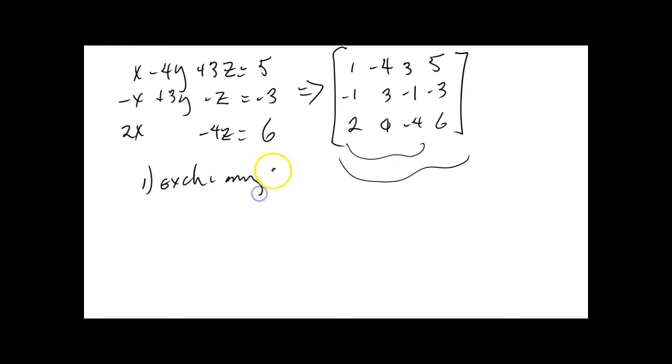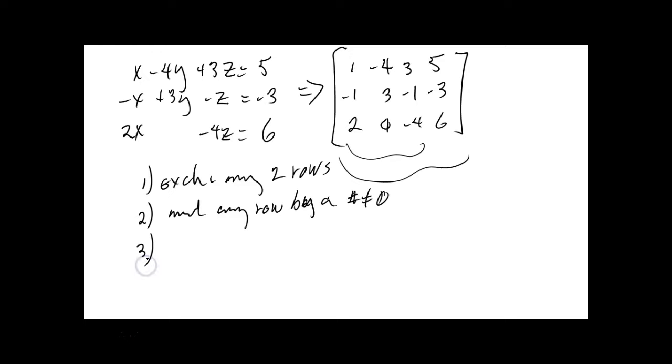Number 1, exchange any two rows. Number 2, multiply any row by a number not equal to 0, a non-zero number.